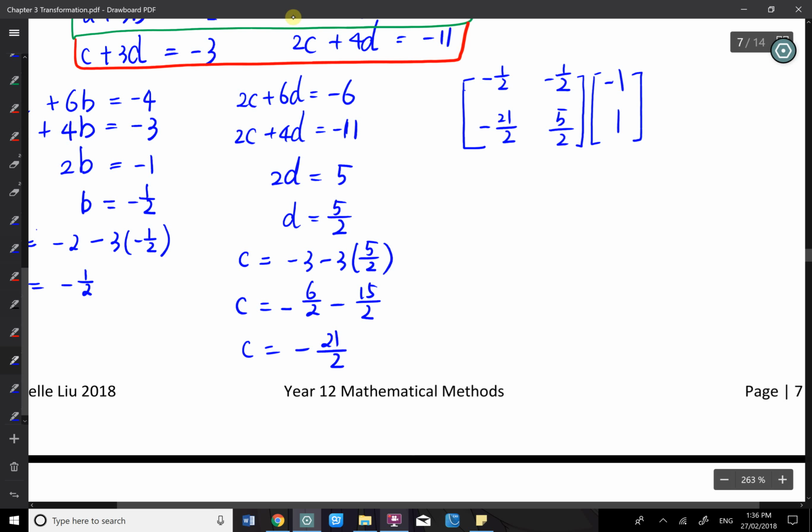To calculate this, the easiest way is to take -1/2 out from the matrix. We can multiply the scalar factor in, and also we can take it out. So that's what we will have.